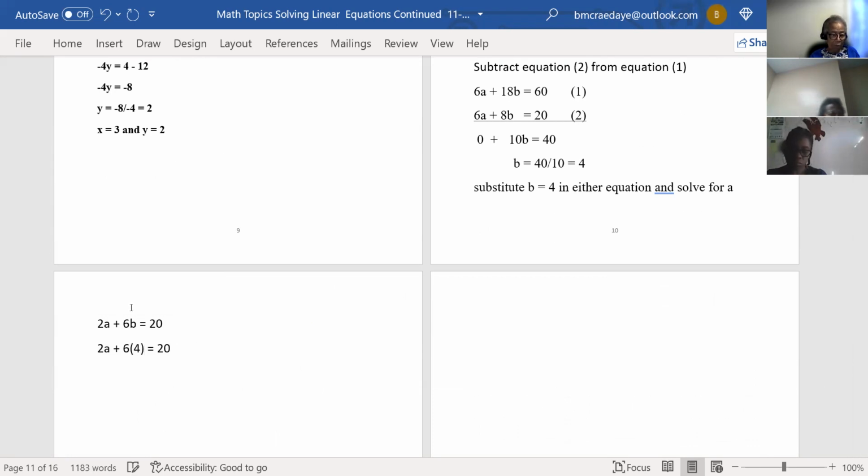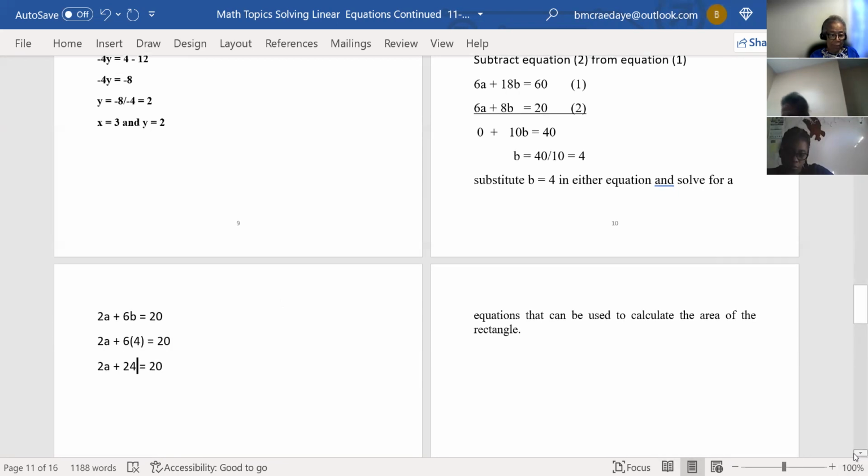What did you get for a? Okay, so this is a 24. 6 times 4 is 24, right? Now subtract 24 from both sides.